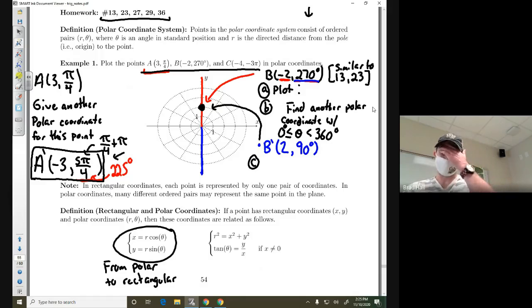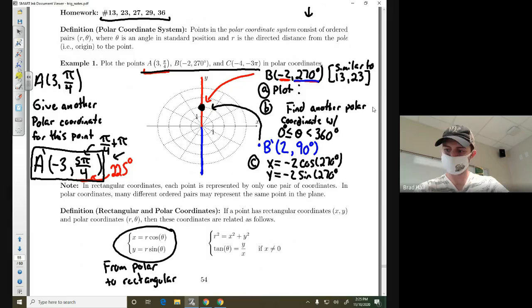And really, it's just a matter of plugging everything in. The radius is really, you're going to get the same answer no matter what. -2 cosine of 270 degrees, -2 sine of 270 degrees.